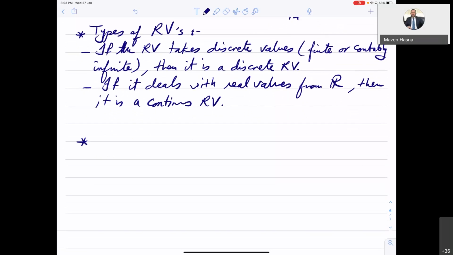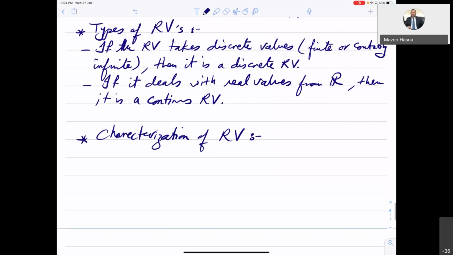Then we move to the important topic of characterization of random variables. How do we characterize, or how do we describe random variables? And we learn 4 different ways of describing the random variables. The first one is probability mass function, small f of x.